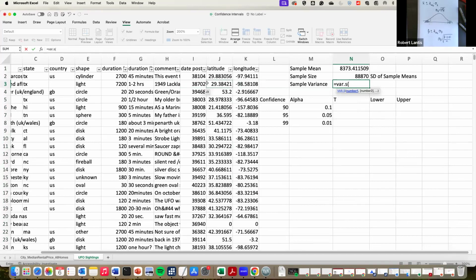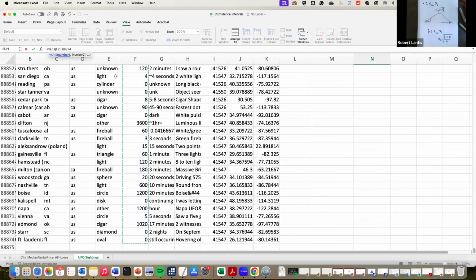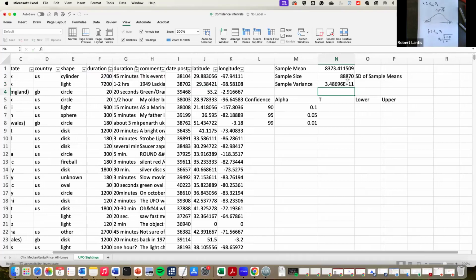So I'm not given a known population variance here. I'm going to calculate a variance, but I'm doing it from sample data. So I'm going to select this. Right here, I've got a huge data set. So this is going to really help me point something out here. I've got 88,000 observations here. Excuse me, but the sample variance is relatively large.